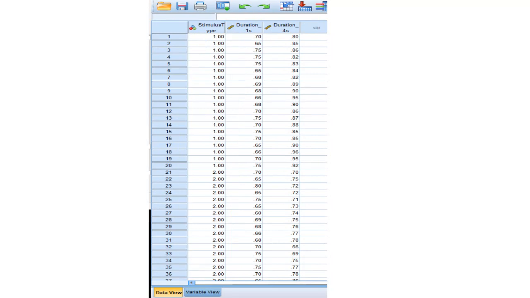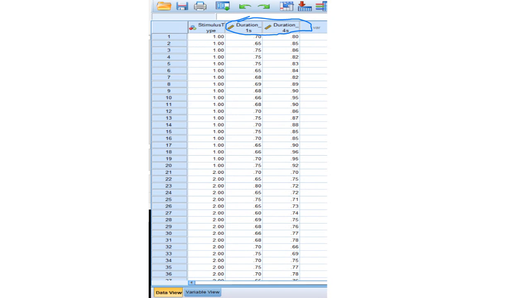And so you have the stimulus type as the independent variable with 2 levels, but it's between subject, so you have 1 and 2 here. And then you have duration, which has 2 levels, but it's a within subject variable, so you set it up like this. If it's going downwards like this, I guess it would be referred to as between subject. Maybe that gives you a better understanding. And then within subject.